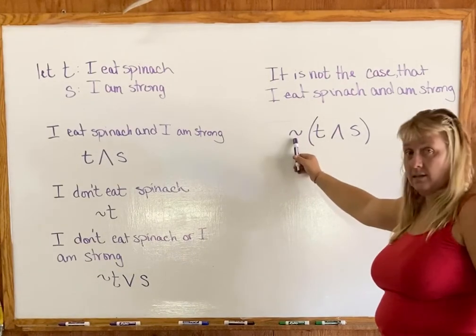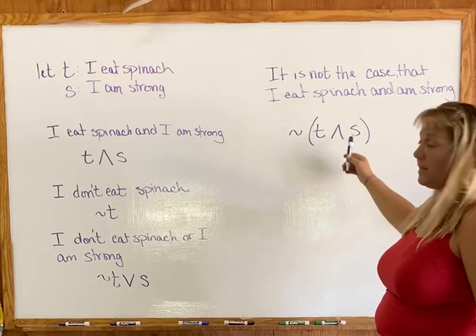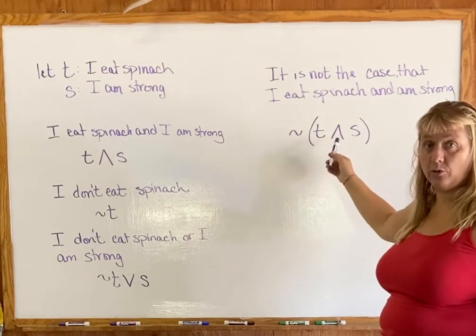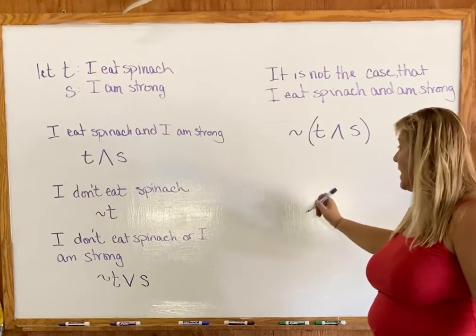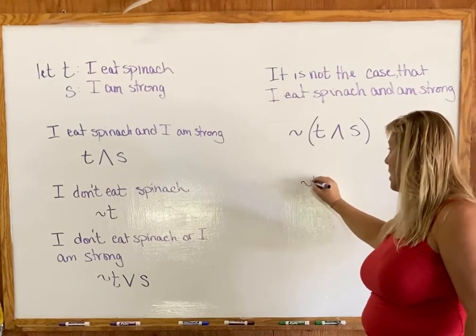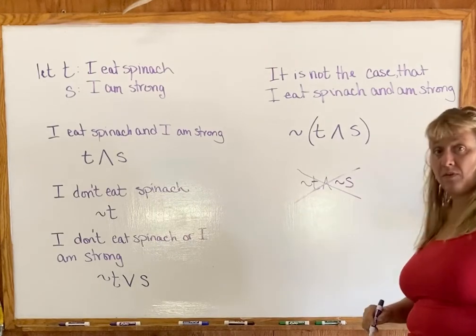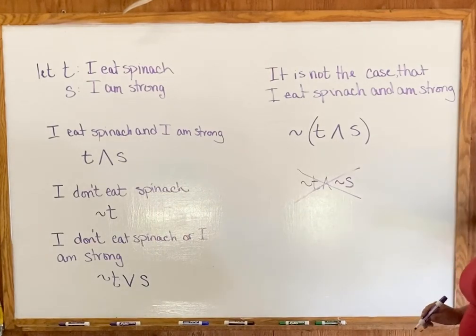So not, and then T and S. So the whole thing is not true. And we want to be very clear that that is not the same as not T and not S. Not the same thing. Okay, right? Make sure.